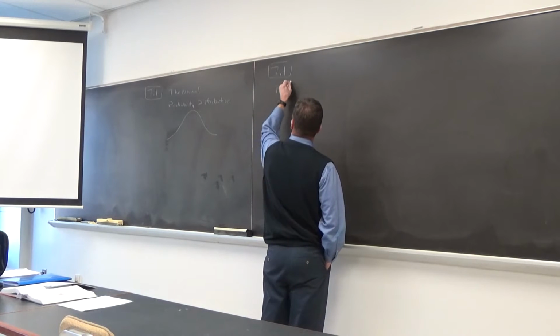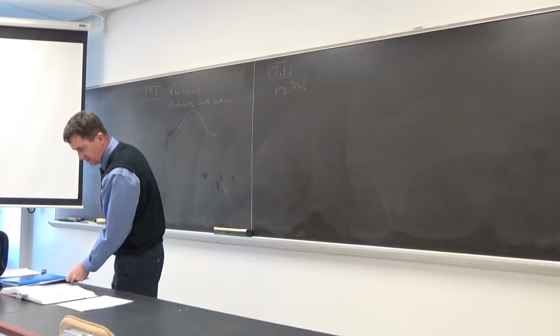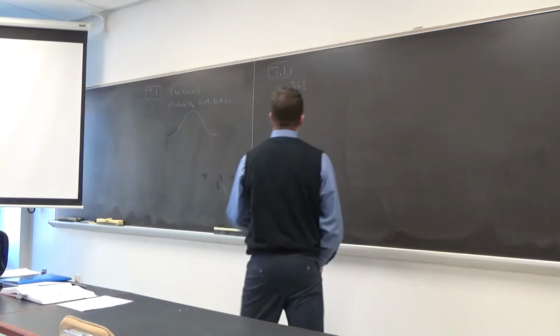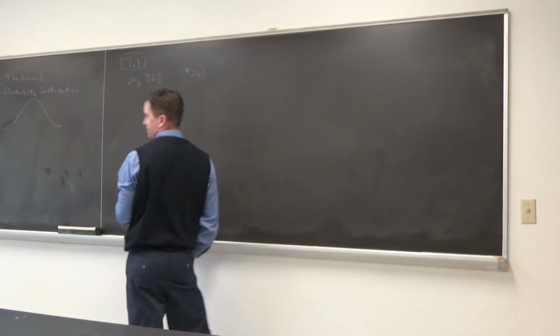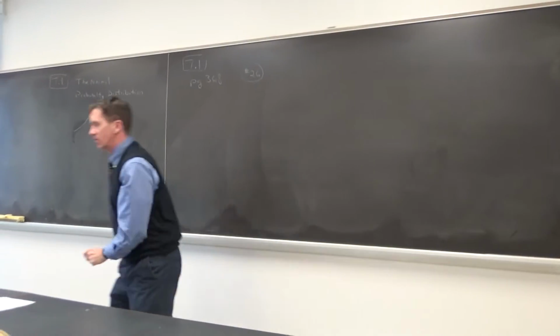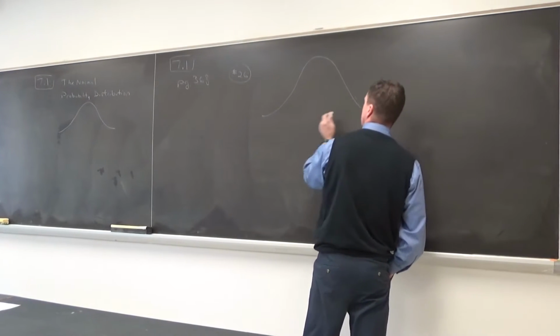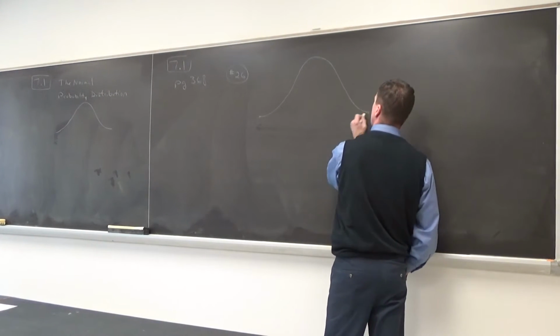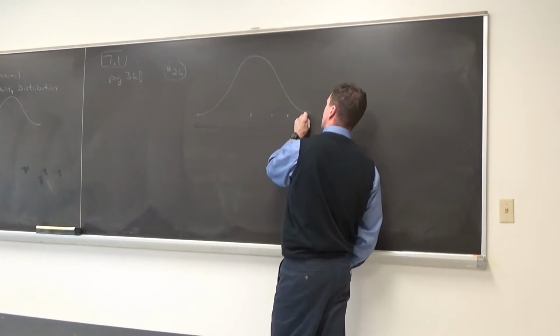I'm on page 368. And they put down this bell-shaped curve, and they said a graph of the normal curve is given. This is number 26. All right, so here it is. And they already have this drawn.